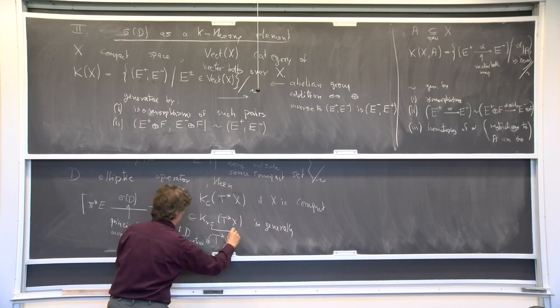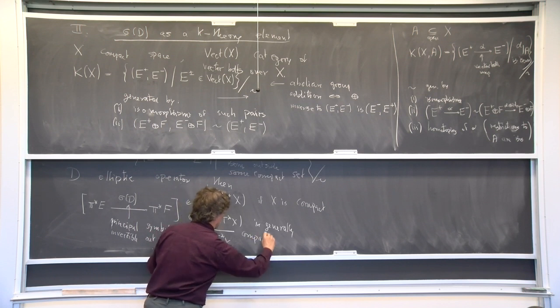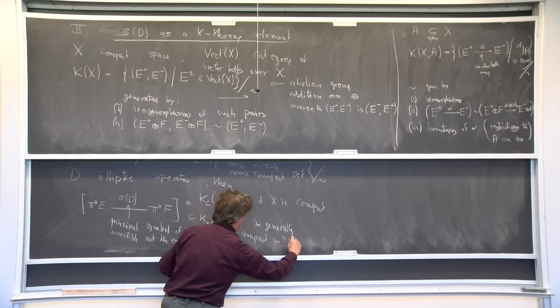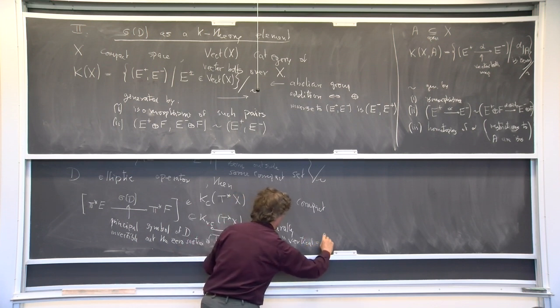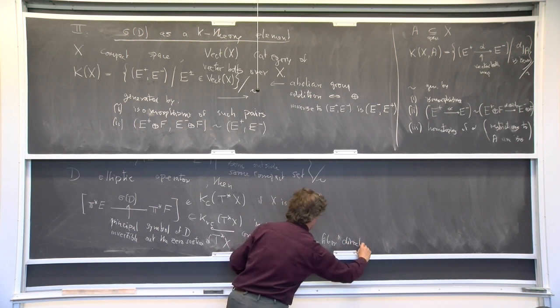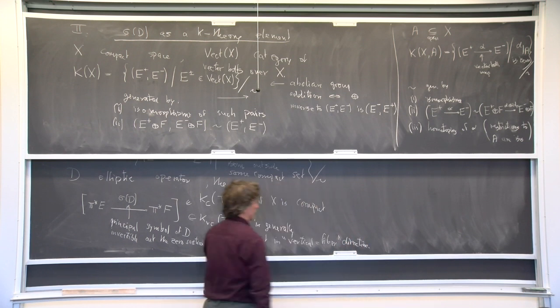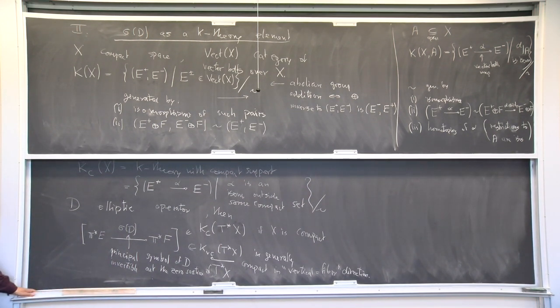So this is compact in the vertical, i.e. the fiber directions. Okay. All right, so we have, for compact manifolds in particular, a nice interpretation of this symbol as an element in the K-theory of the cotangent bundle with compact support.